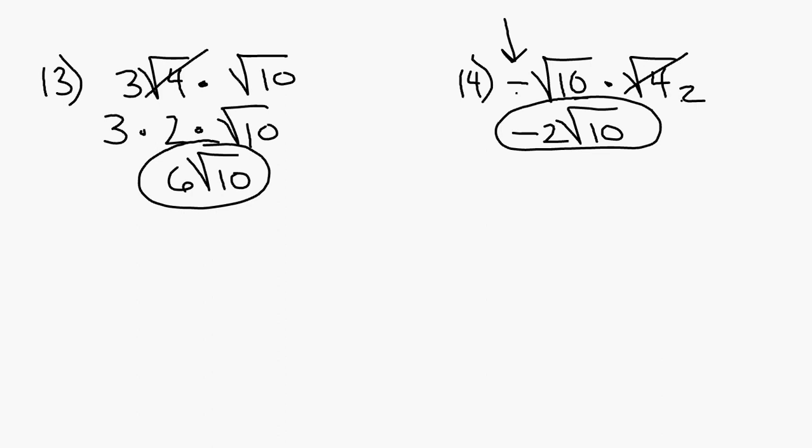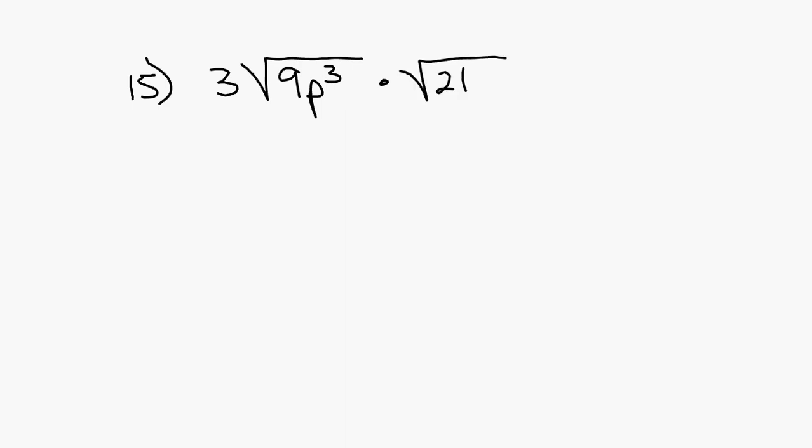Number 15. 3 times the square root of 9p to the third times the square root of 21p to the third. Okay, so let's put this problem back together, and you're going to get 3 times the square root of 9 times 21, 189.